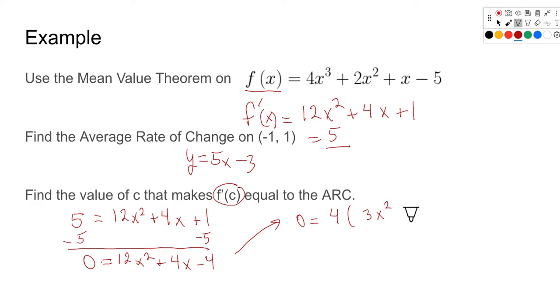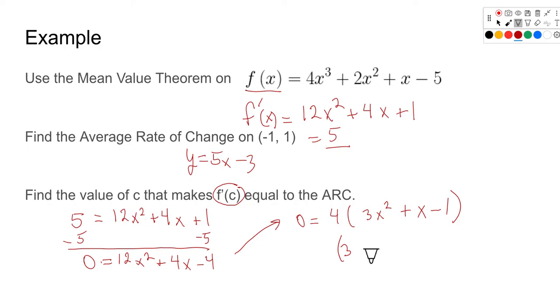So then we have 0 equals 4 times 3x squared plus x minus 1. Okay. So we could divide both sides by 4, so that the 4 just goes away. Let's see if we can factor this.